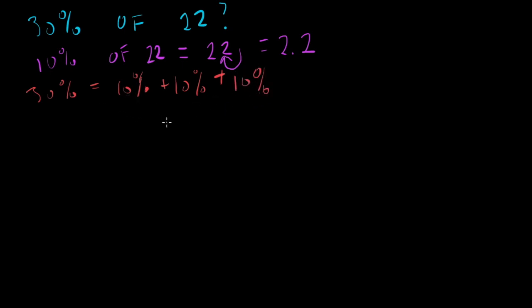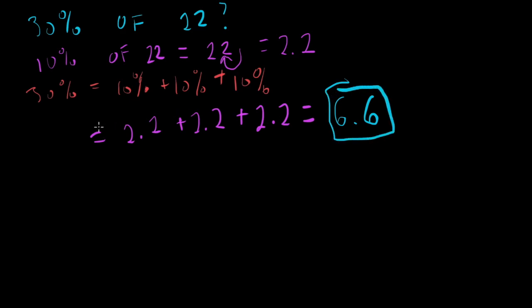It's just three 10%s, and so that's also going to be equal to 2.2 plus 2.2 plus 2.2, which is just 6.6. So all we needed was 10%, and then we found out that 30% of 22 is 6.6.